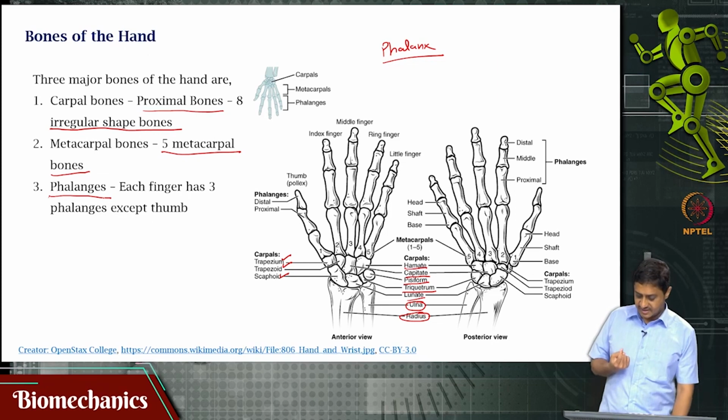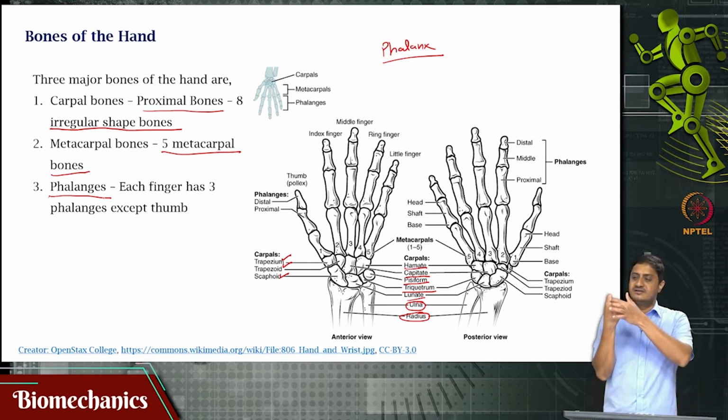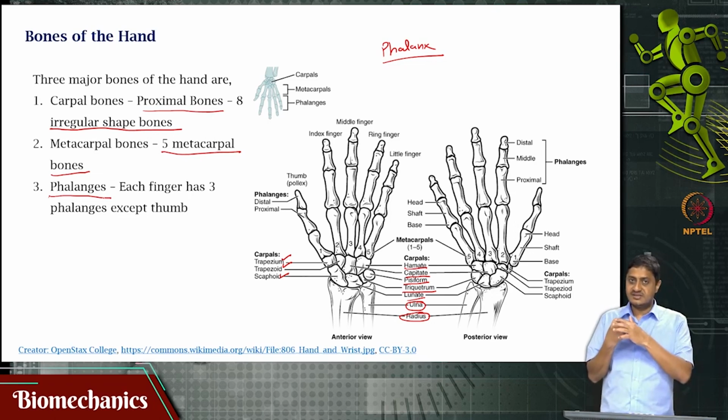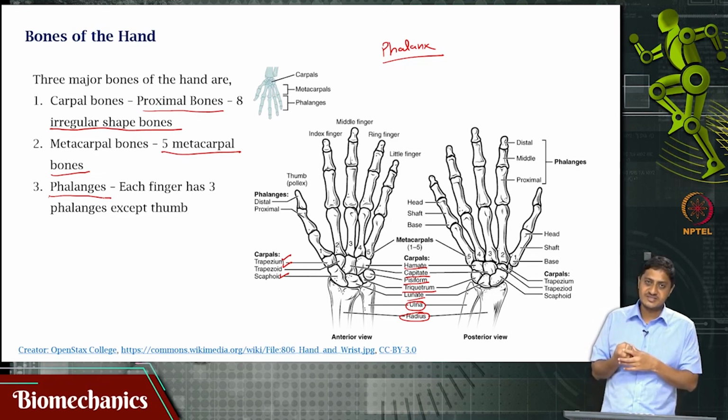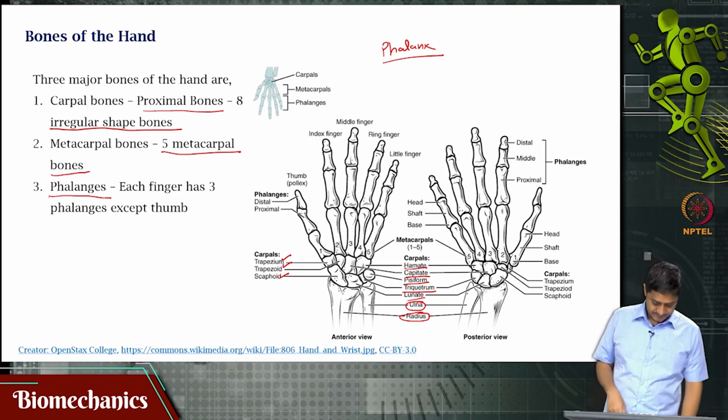So, let us take the index finger. You have this segment and then this segment and then the distal most segment. The segment that is closest to the palm, the most proximal, is called the proximal phalanx, the one in the middle is called the intermediate phalanx, and the most distal of these is called the distal phalanx.